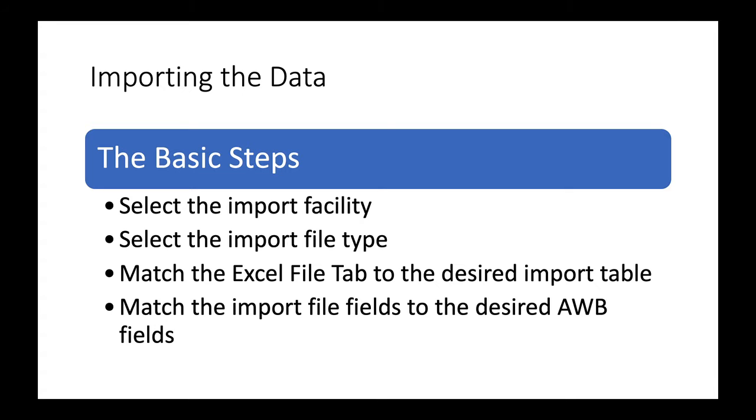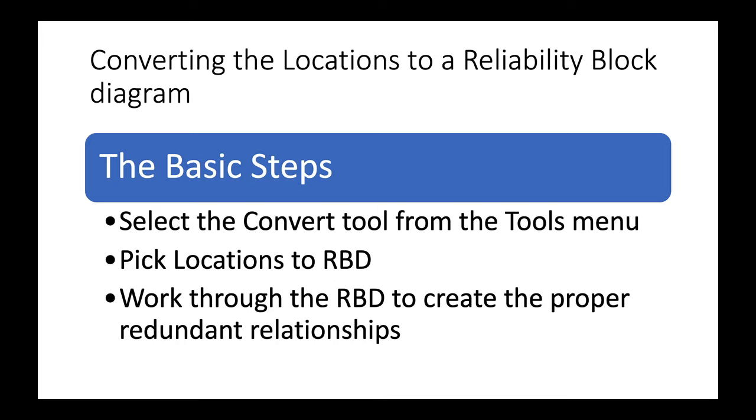Once we've done that, then we can take that functional location hierarchy that we've imported into RCM locations and convert that hierarchy to an RBD. Now, the RBD won't be perfect because it doesn't put in the serial and redundant relationships that we might want. So we'll need to go through that diagram, make sure that we capture those redundant locations that we have, and picture that redundancy in Availability Workbench.